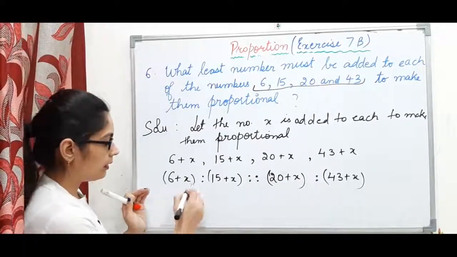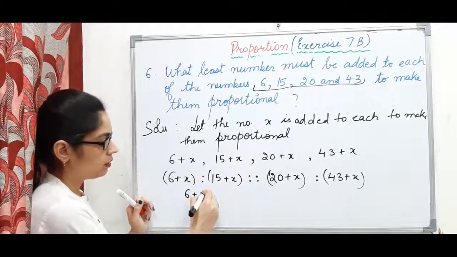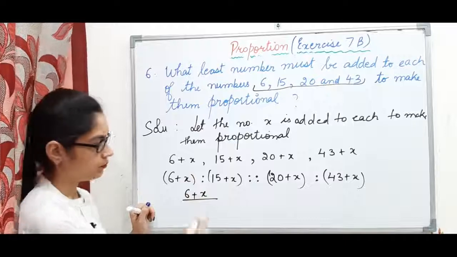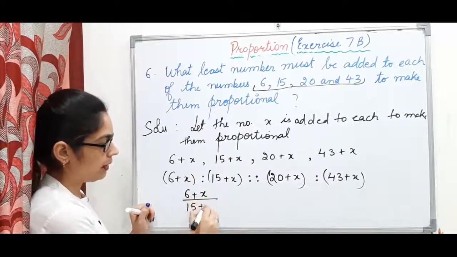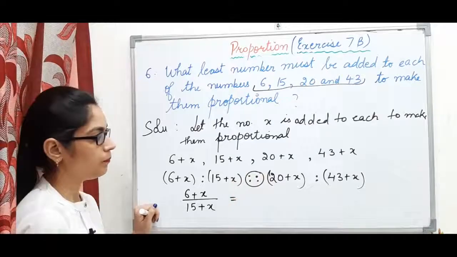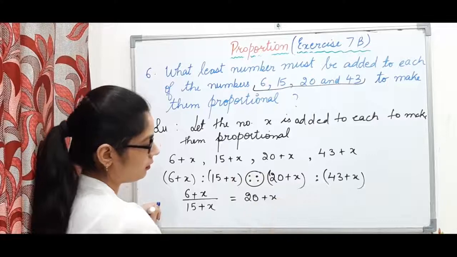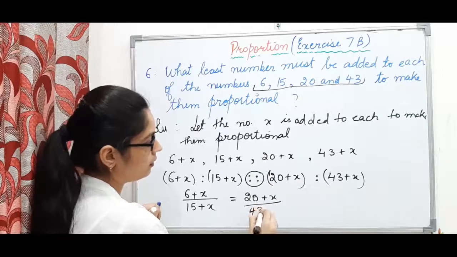So this I can write in fraction form. This sign of 2 dots means equals. So 6 plus x by 15 plus x is equal to 20 plus x by 43 plus x.